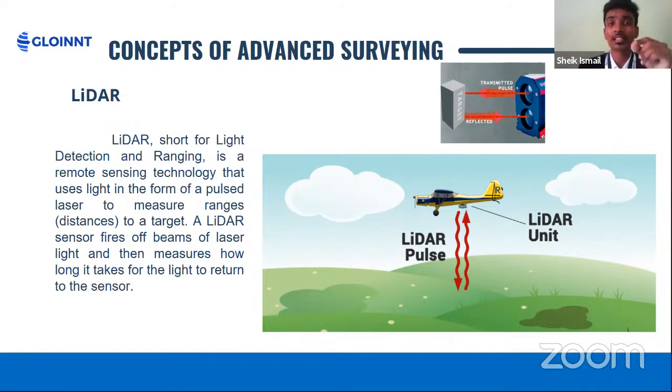Someone can ask how you can measure distance by the travel of light. You all know the speed of light, 3 into 10 power 8 meters per second. The same thing applies here. The laser comes under the light category.